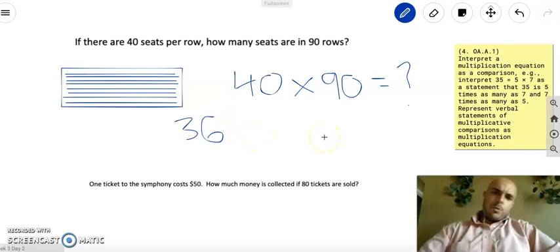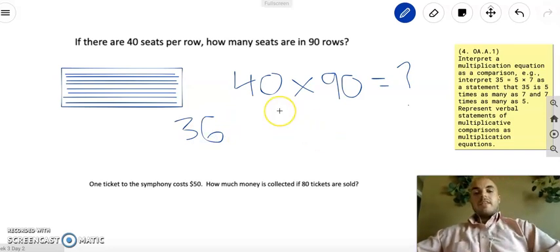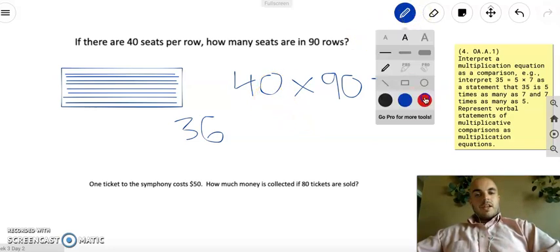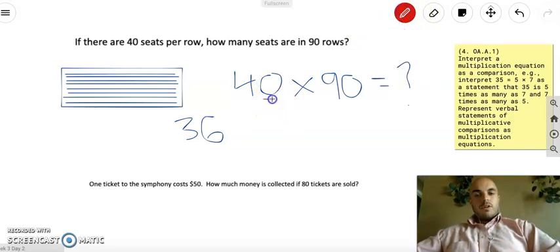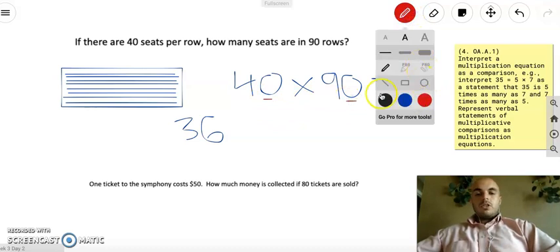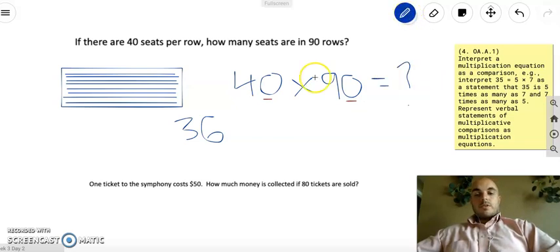But that's not our answer. 40 times 90 is most certainly not 36. However, notice that I have, you can underline them in red here, 1, 2 zeros. Just like we were multiplying times 10 earlier, in the previous episodes of this, we brought those zeros down. We're going to do the same thing here, okay?